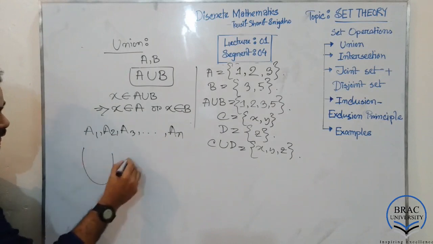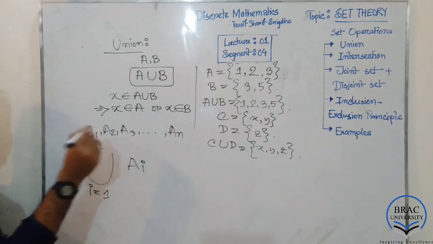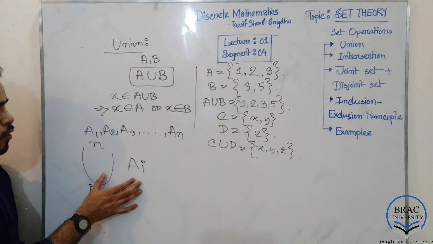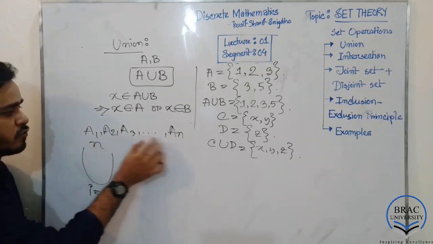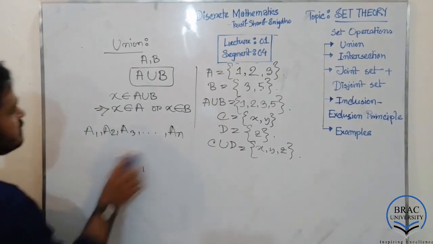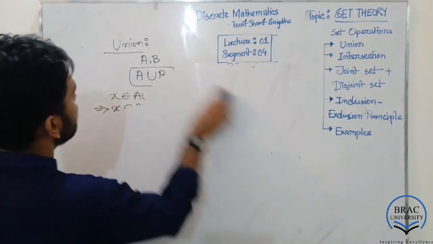We denote it like this: union of Ai, i equals 1 up to N. It means that this is the union of all Ai, like all of the sets A1, A2, A3 up to AN. Okay, so that was all about the set operation union.